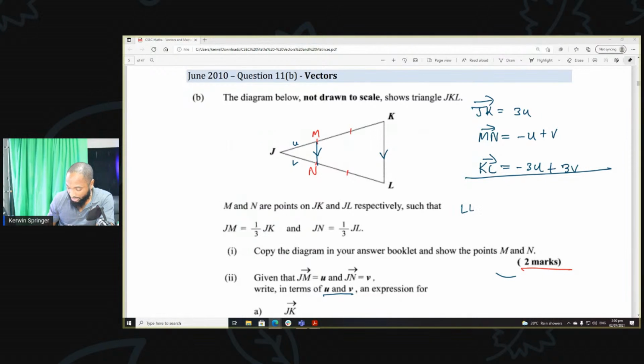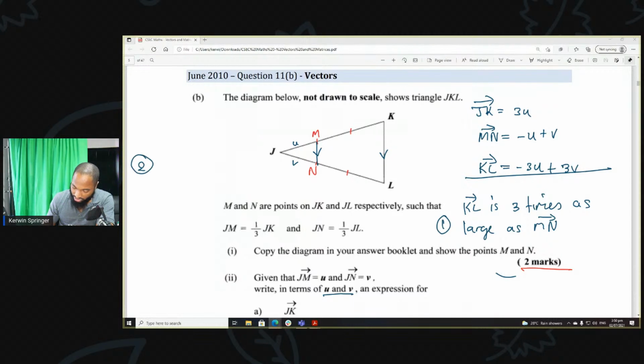So a geometrical relationship is that KL is 3 times as large as MN, because there's a 3 factor there. So that is 1. And the next geometrical relationship is that KL is parallel to MN.